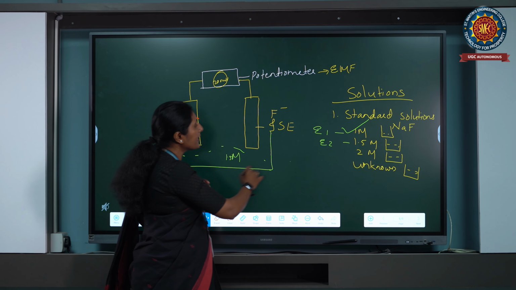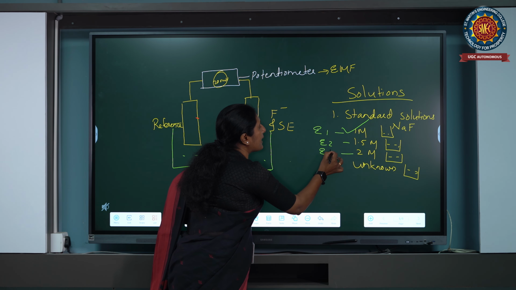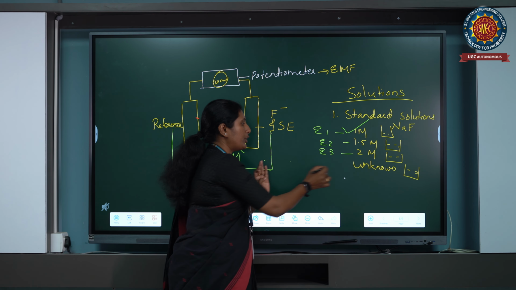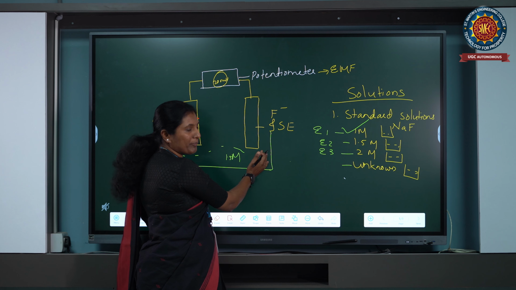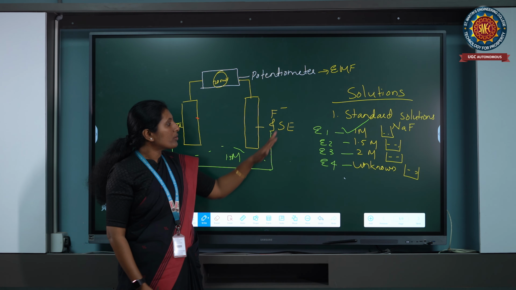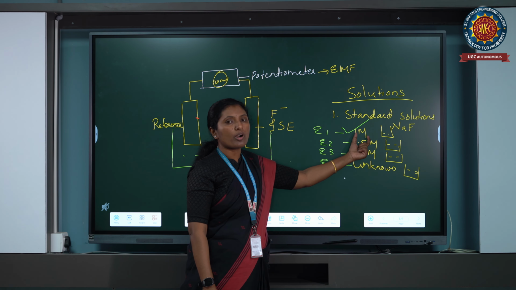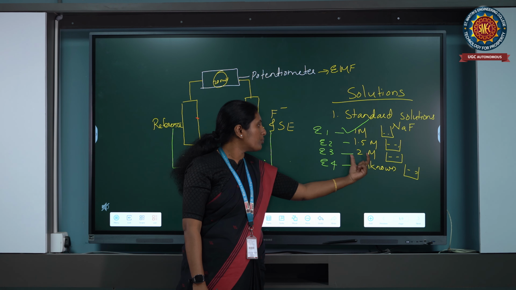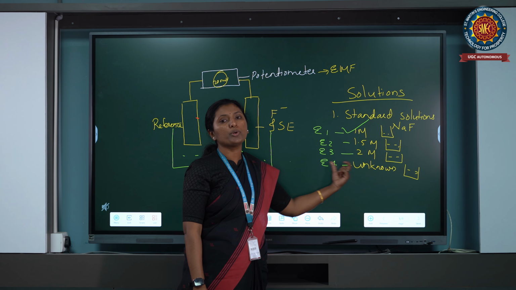Now you are keeping 2 molar, that is E3. Lastly, the unknown solution also we keep in the beaker, and you get E4. So for 1 molar the EMF is E1, for 1.5 molar it is E2, for 2 molar it is E3, and for unknown you got E4.